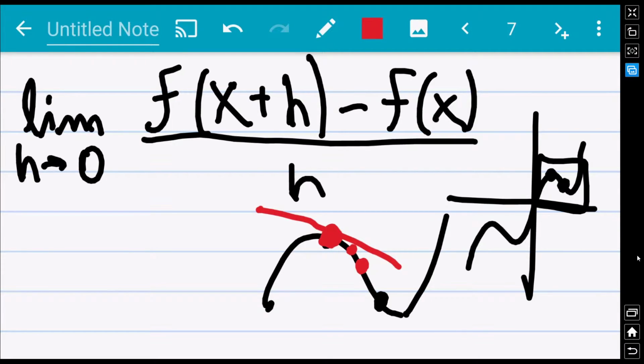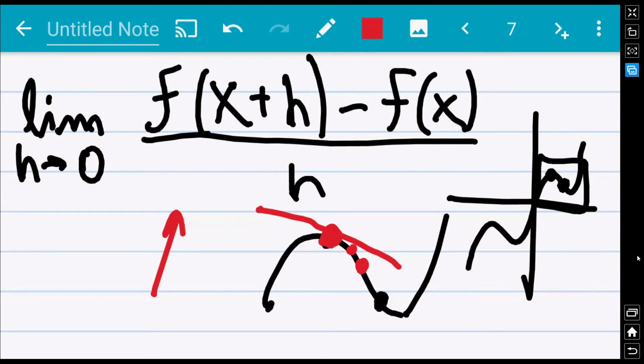So you can actually find the derivative of a function with this method. The problem is it's so much easier to just find a derivative of a function in the other way, that this way is overkill, kind of.